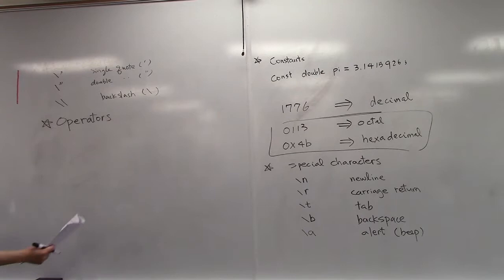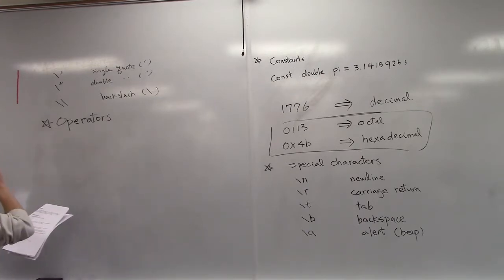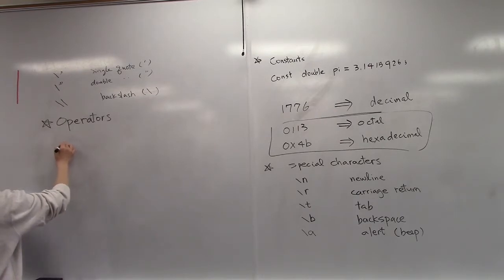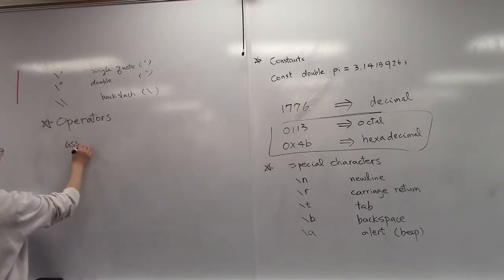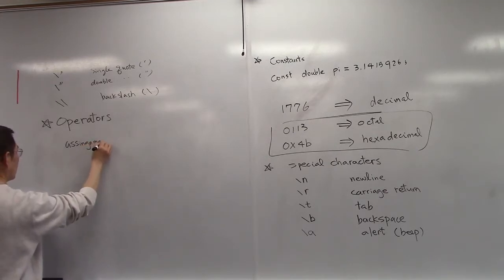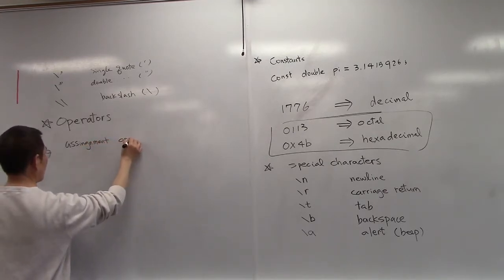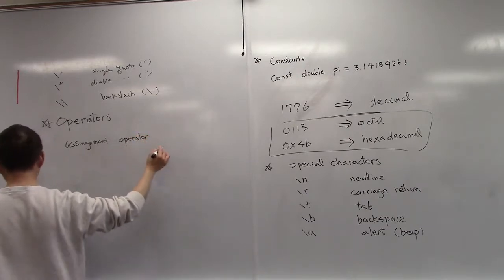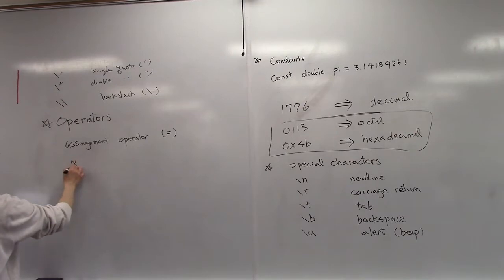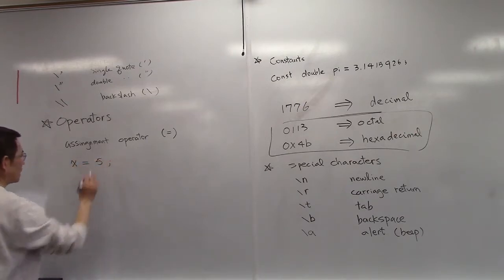Okay? Operators. First one is the assignment operator. It is the equal sign. For example, x equals 5, like that.